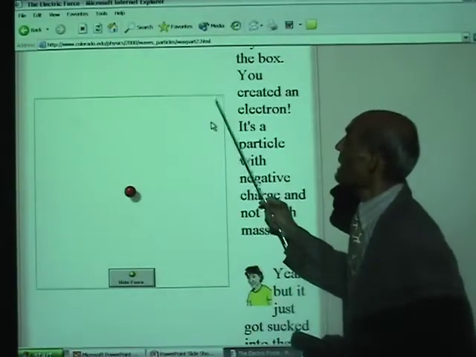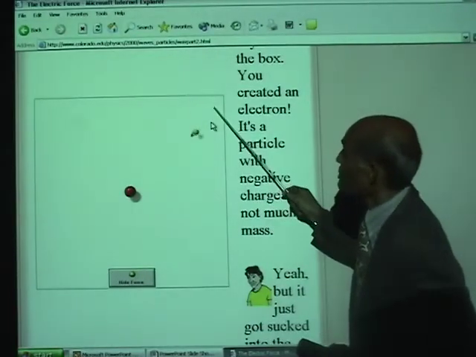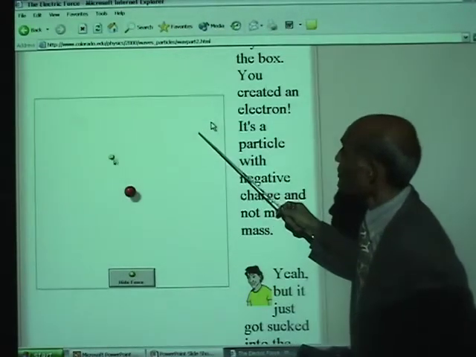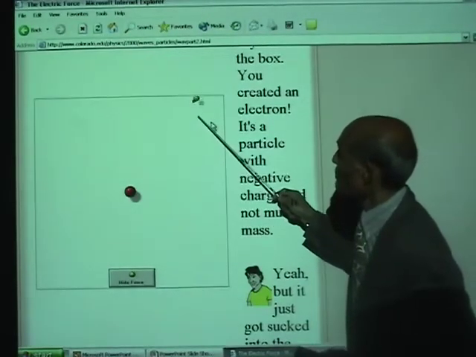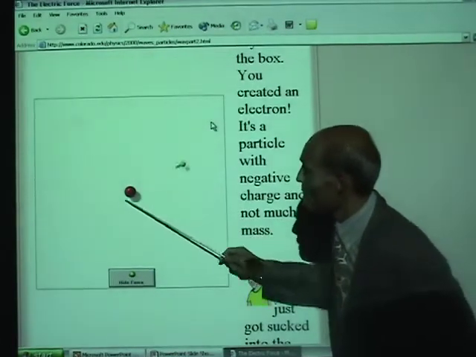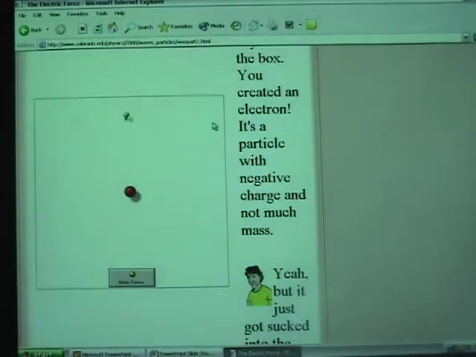I got that charge behaving like this because I picked a charge here and sent it in that direction. And you can see the force on it. Look at the arrow. The force on it becomes larger and larger as it comes closer to the charge. Watch that again.